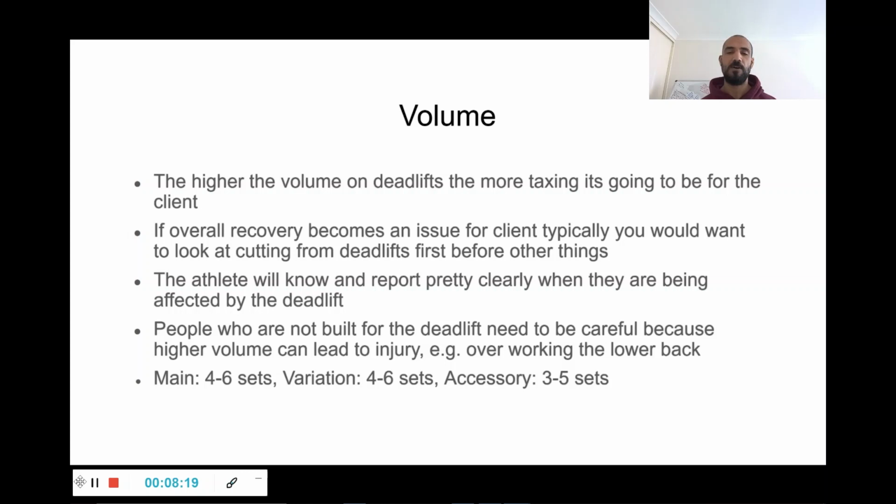Now, when it's not a strength block, when we're in the off season, no comps coming up, and they're doing, say, hypertrophy work, it's almost skewed the other way, where there's much more accessory work, probably even in higher set numbers than 4 to 6 per week. And then there's some variation work and more minimal main lift work for various different reasons. But within the context of a strength block, that's kind of what you want to be aiming for.